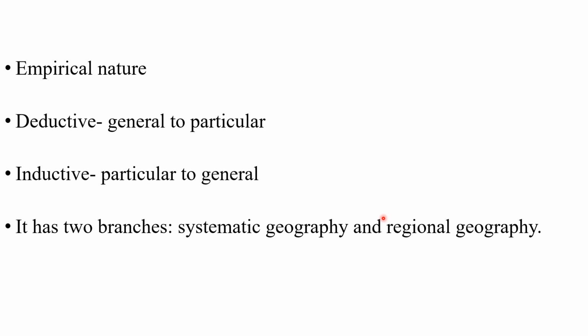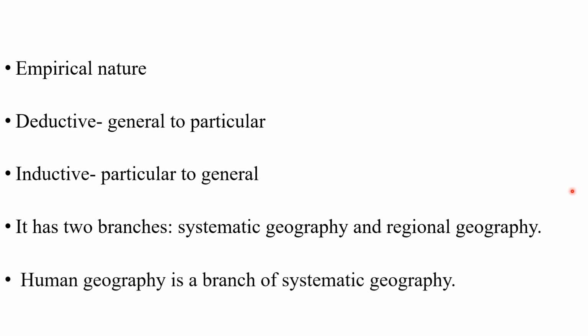Such regions have been demarcated by nature and also by human beings. Human geography is a branch of systematic geography. This means human geography is an important branch of geography, and this human geography is a branch of systematic geography.